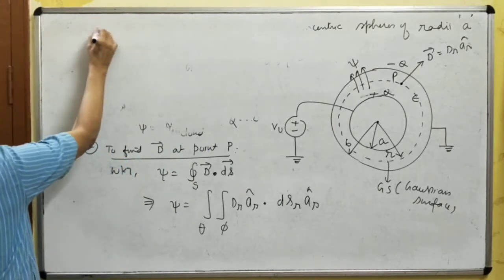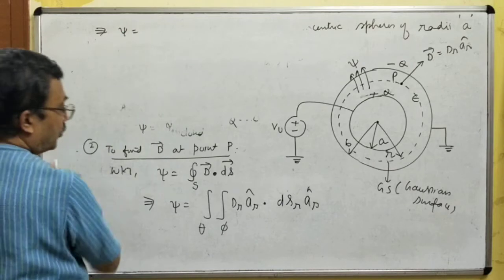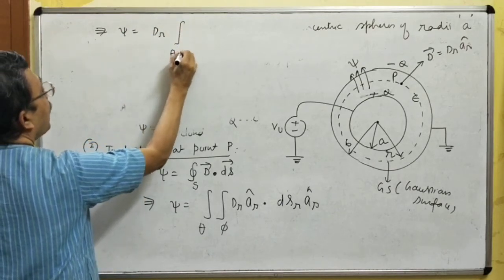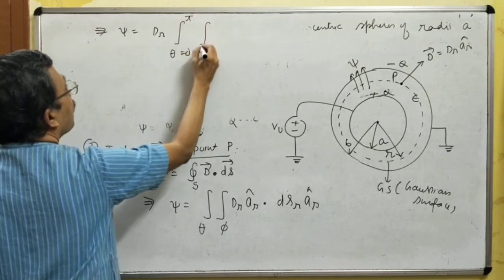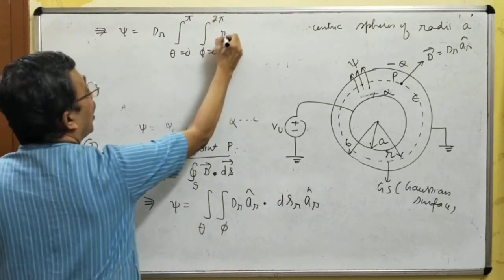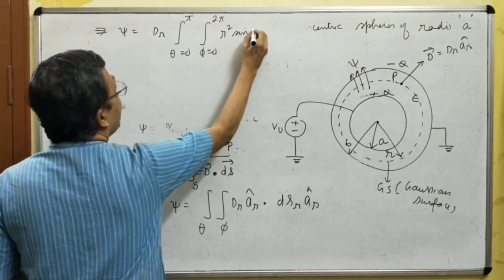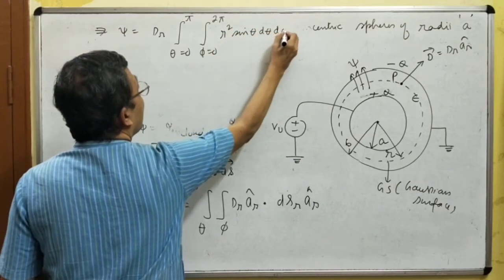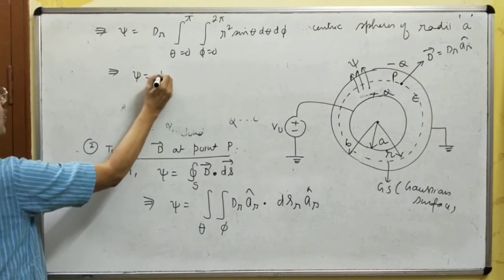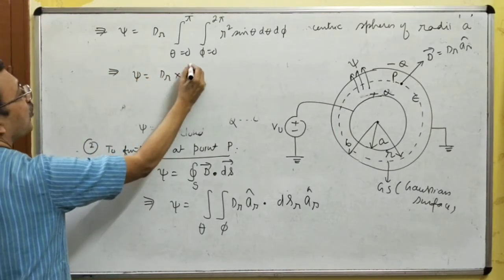This implies psi is equal to D_r, theta varying from 0 to pi, phi varying from 0 to 2 pi. What is dS_r? r square sine theta d theta d phi. This implies psi is equal to D_r into r square.